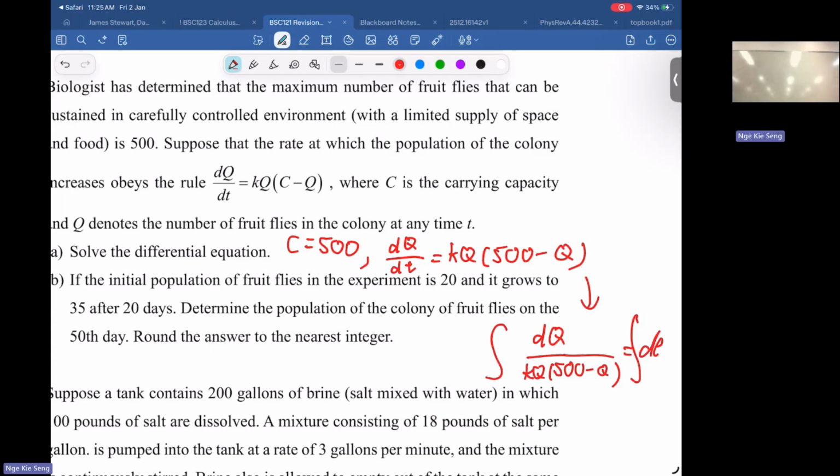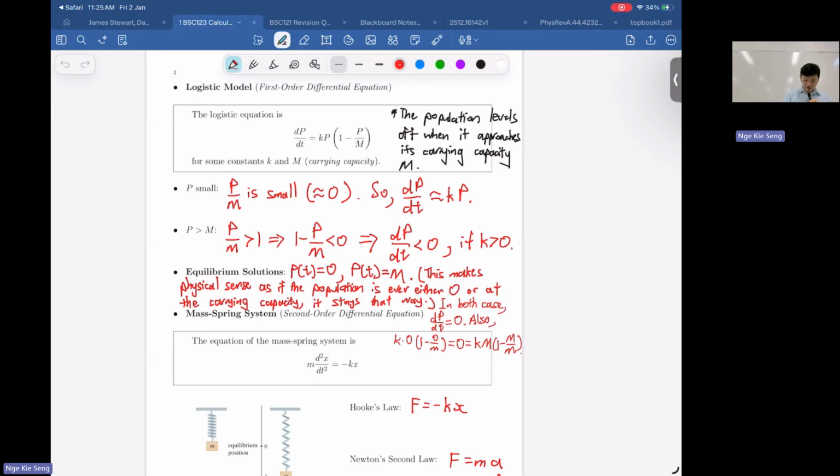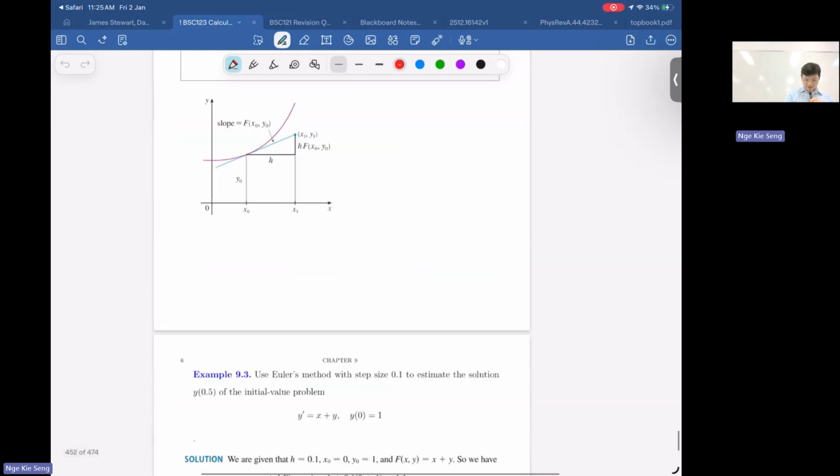You see, this is 1 over 2 factors, right? So what integration do you need to use here? Integration by partial fractions. So you need to split into partial fractions here, and you do the calculation. But this is what we did in our class, how we get this formula.